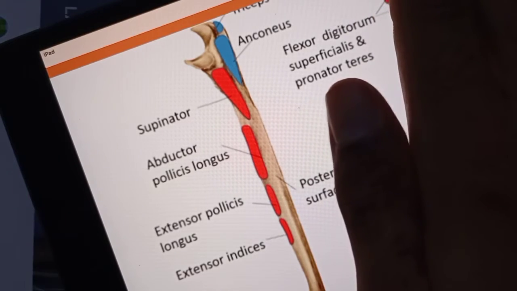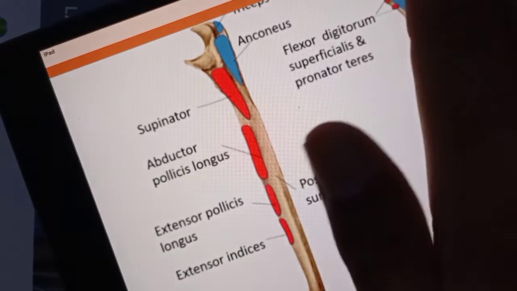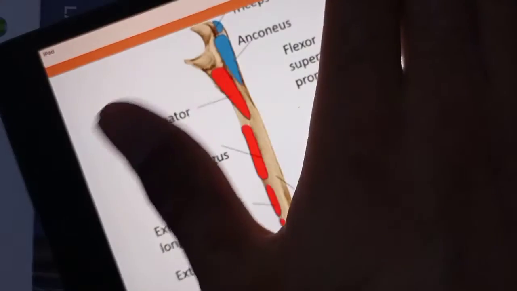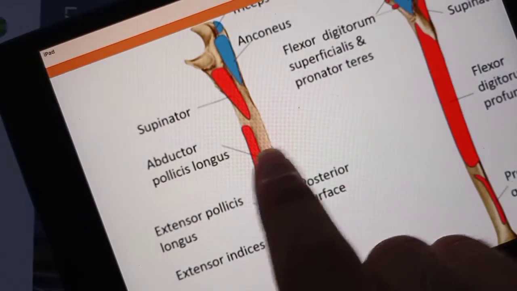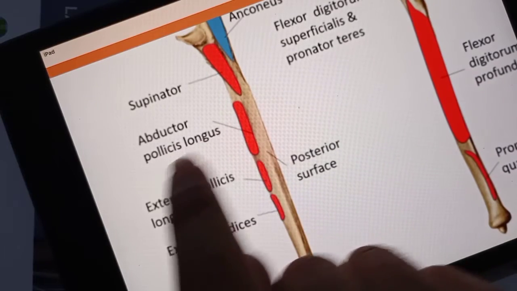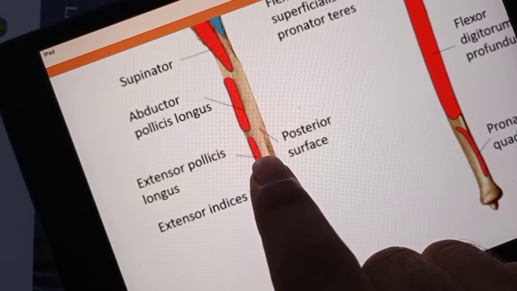If we move the thumb away from the fingers, this is the abduction. So the muscle responsible for abduction of the thumb is abductor pollicis longus. Another one is extensor pollicis longus.